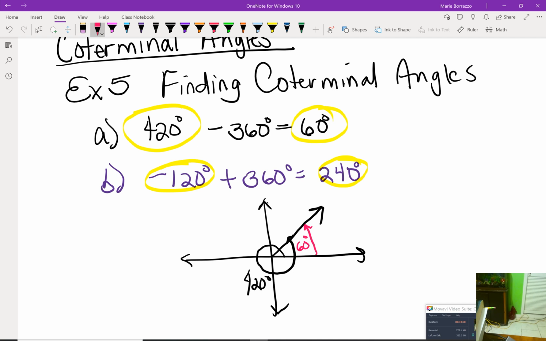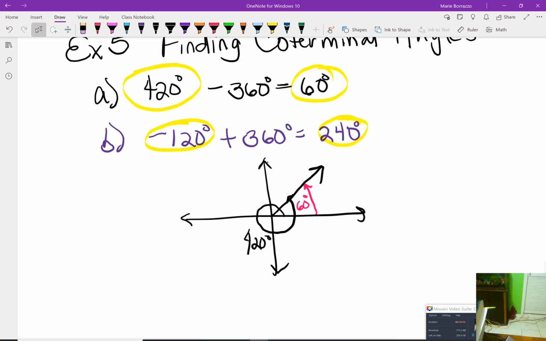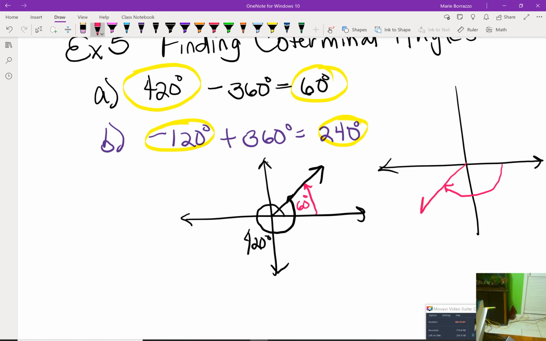Same thing applies to the second example. In the second example, I have a negative 120 degree angle. So it's coming from the initial side this way. That's the terminal side. Here's your initial side. And you're looking at 120 degrees.